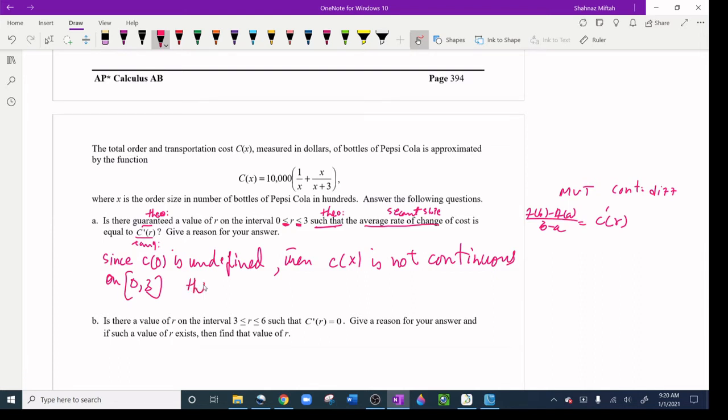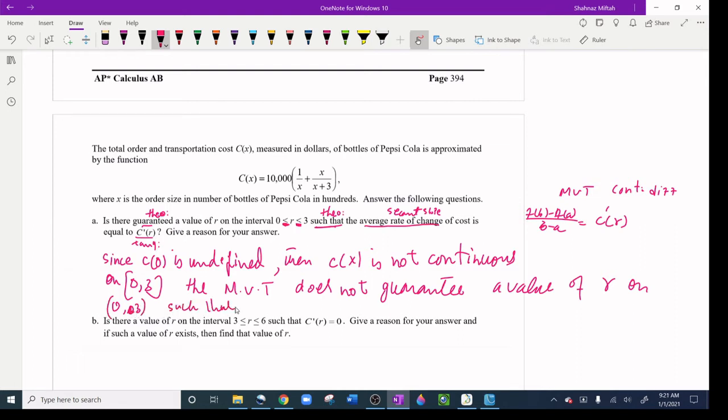The MVT, mean value theorem, does not guarantee a value of r on 0, 3 such that C prime of r is equal to C of 0 minus C of 3 over 0 minus 3.